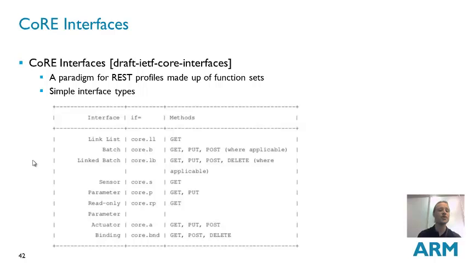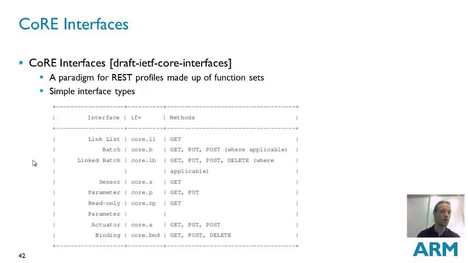This is a good example of the kinds of semantics that are already defined. These are kind of general purpose things that any REST interface might use on a device. And this is from the core interfaces specification. So these define simple interface types. It could be reused. For example, a sensor, which has a method get. So it defines a reusable interface type.